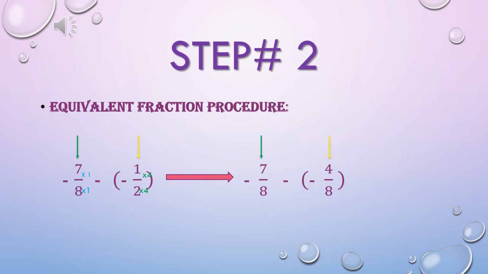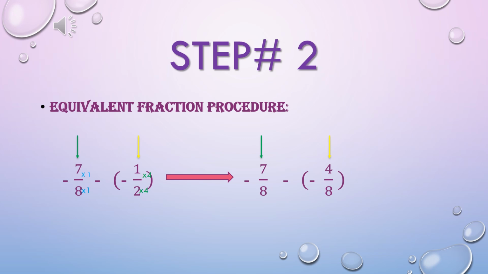From the previous slide, you saw that your LCD is 8. After that, we apply the equivalent fraction procedure. What does the equivalent fraction procedure mean? That if you change your denominator, you will have to change your numerator too. For example, 8 times what gives me 8? Times 1.